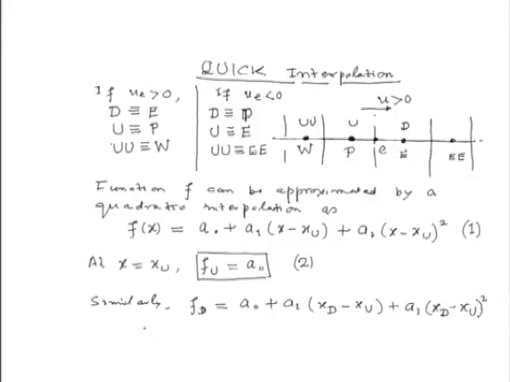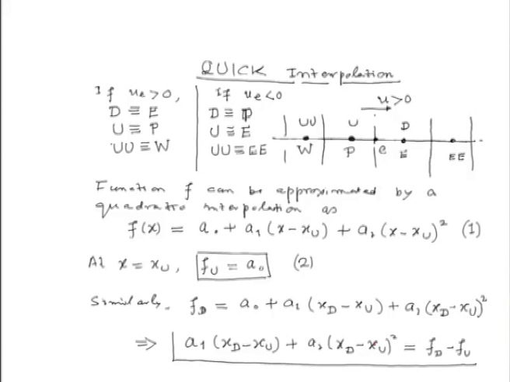We can rearrange the terms and write a linear equation for a1 and a2: a1 times (x_d minus x_u) plus a2 times (x_d minus x_u) whole square is equal to f_d minus f_u, where we have substituted for a0. So this is our first equation in terms of the unknowns a1 and a2. Let's number this as 3.